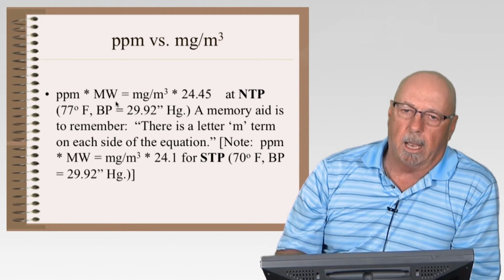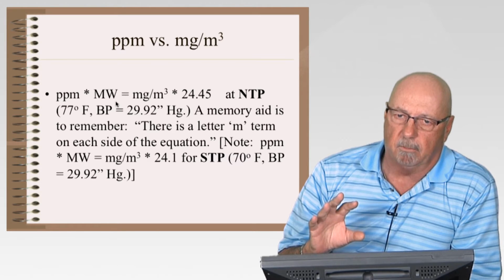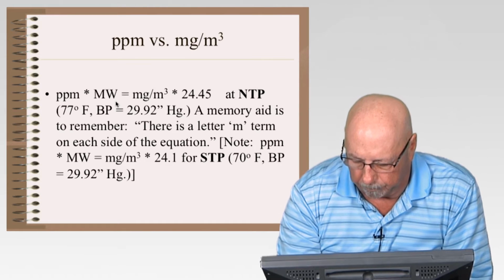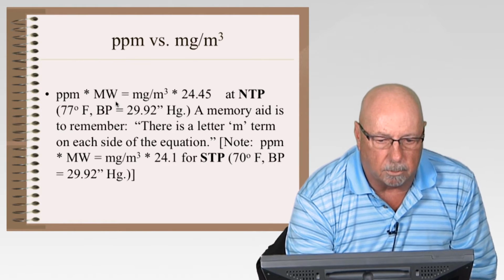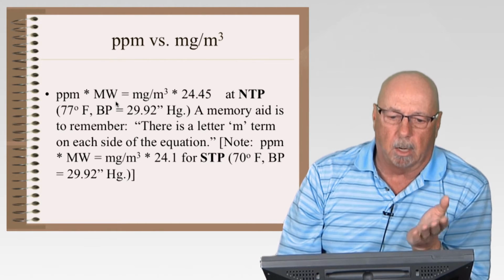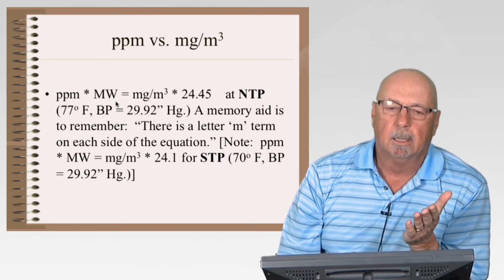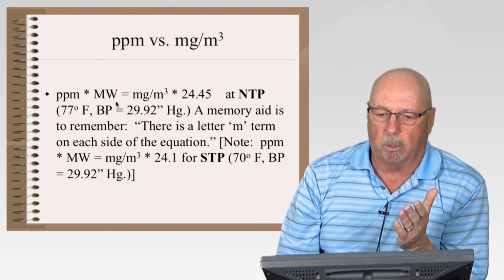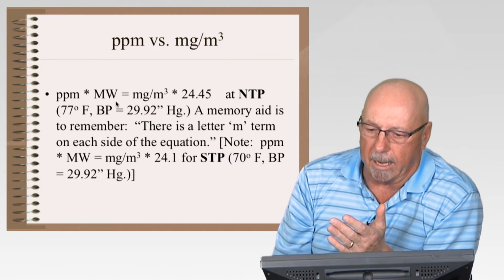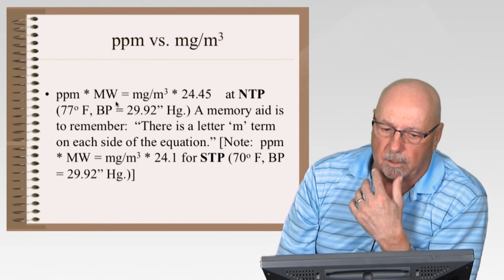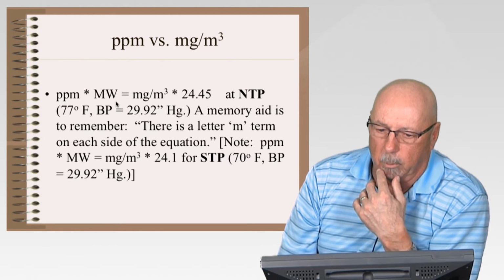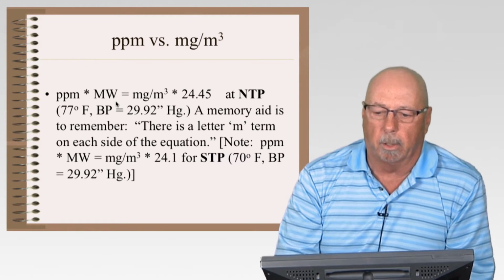Well, you can remember how we can also express those gases and vapors using the terms milligrams per cubic meter. To express that, it is simply based on this formula: parts per million times its molecular weight is going to equal milligrams per cubic meter times 24.45, and that is at a normal temperature and pressure of 77 degrees Fahrenheit and barometric pressure of 29.92 inches of mercury.